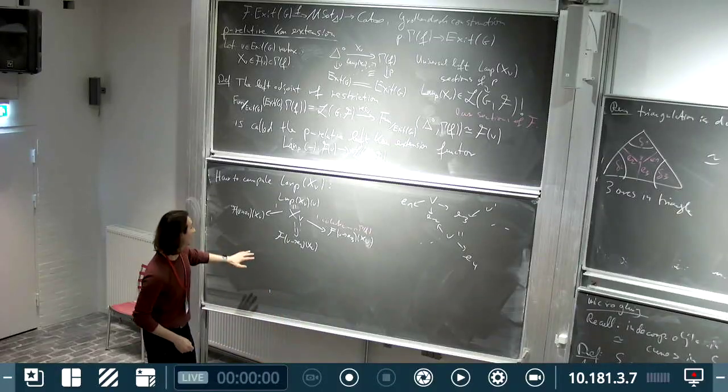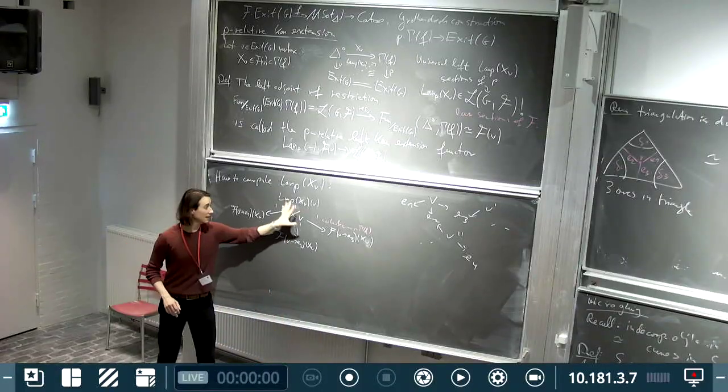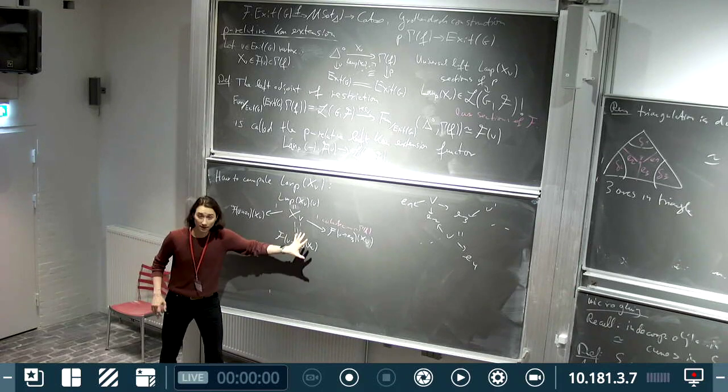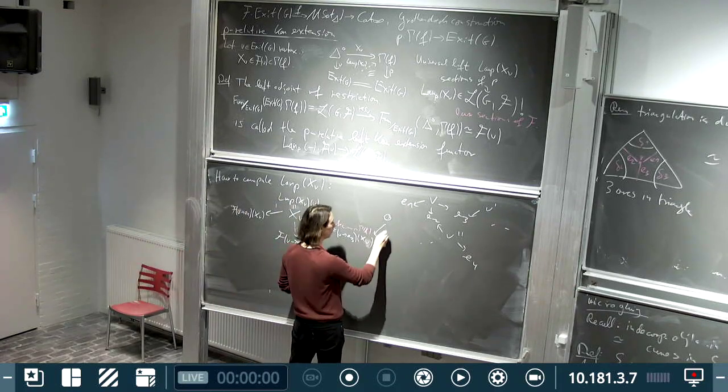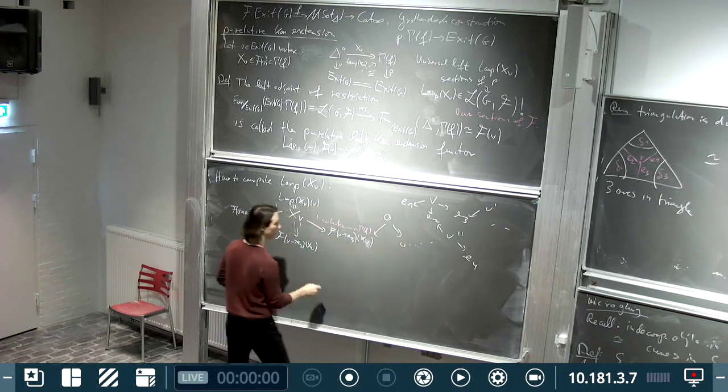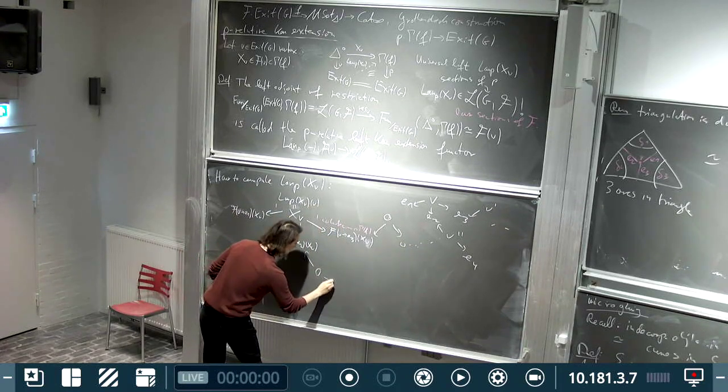So this is how you compute the left Kan extension, say close to the vertex, and then everywhere else it will be 0. So here you then get a map from 0, 0, and so on. Here you get a map from 0, 0.